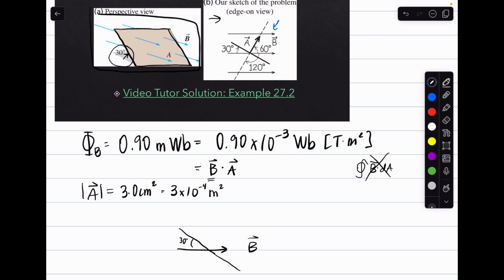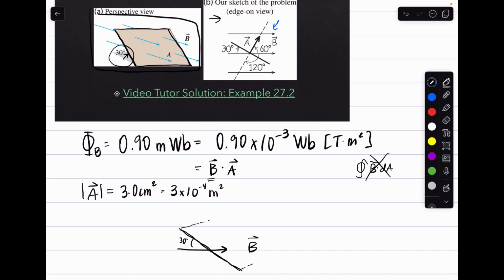So if this is the sheet, and this is us looking directly down the side of the sheet, like a sheet of paper viewed from its edge, we wouldn't really see the paper. You would see mostly the edge.